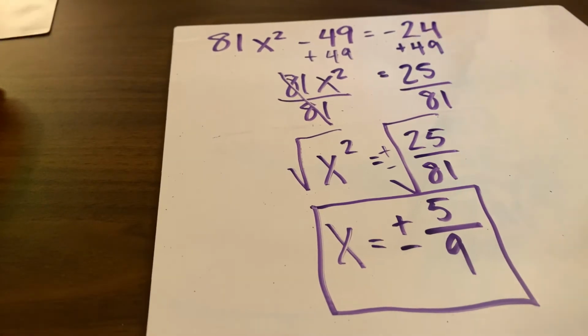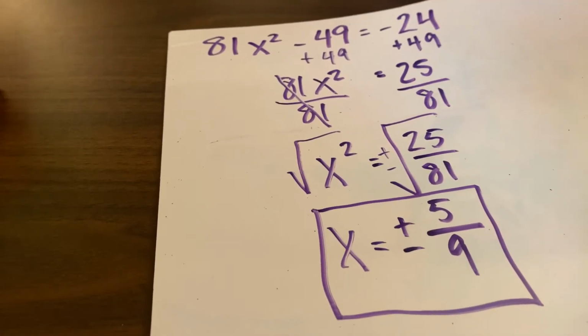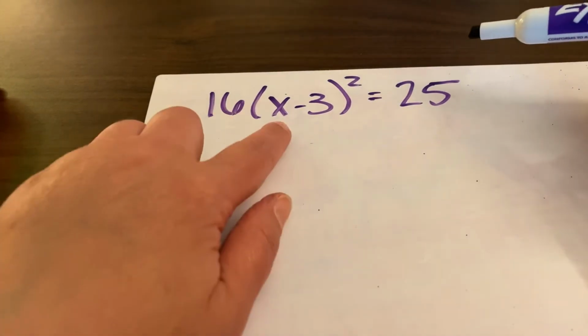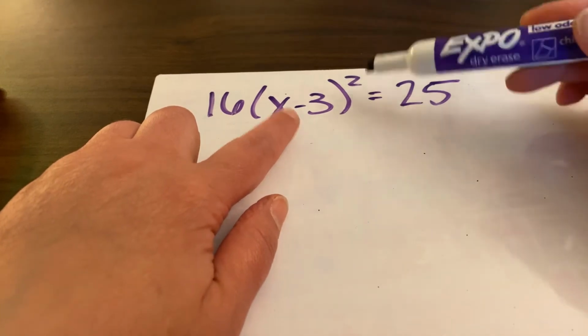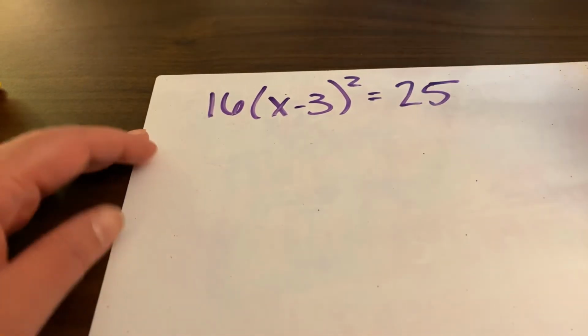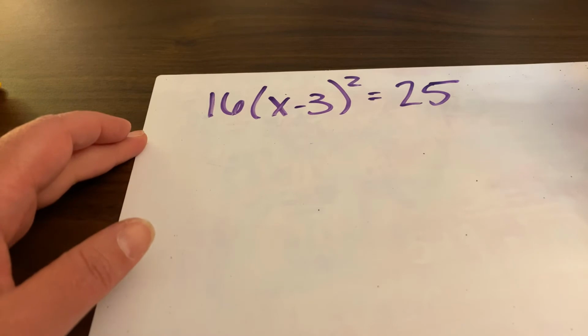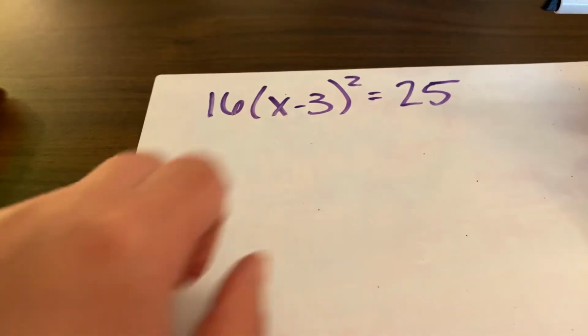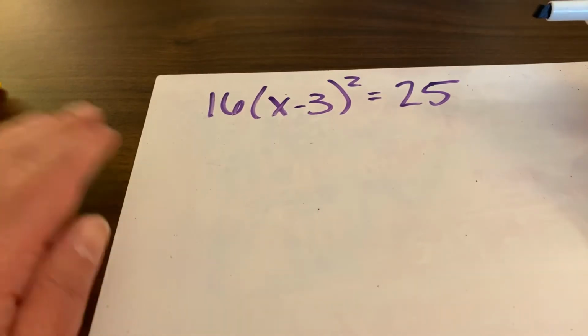Okay, let's try one more. Okay, here we have 16 times the quantity x minus 3, that quantity squared, equals 25. Our goal is to get x by itself, so actually we want to get the thing that is squared by itself first.